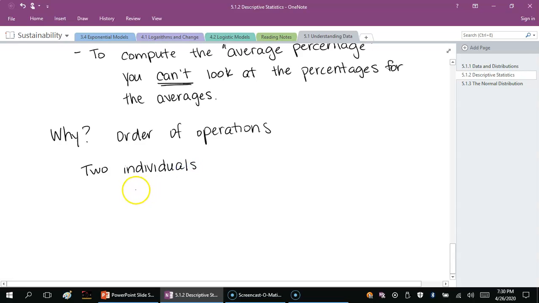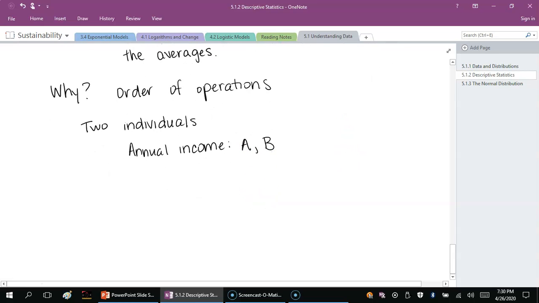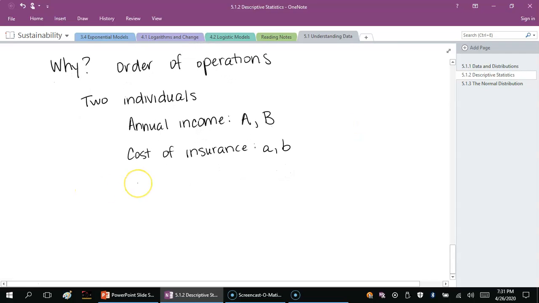And let's say that one has an annual income of A and one has an annual income of B. And then the cost of insurance, the first individual has a cost of little a and the second one has a cost of little b. Okay, so let's compare the two percentages that we might be interested in.